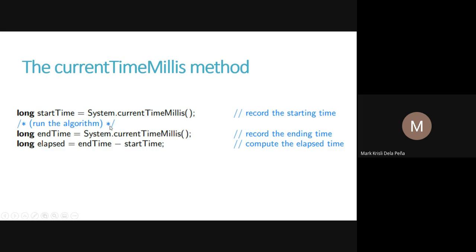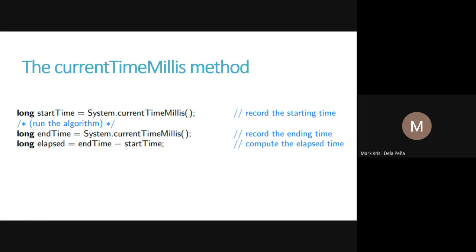Now, System.currentTimeMillis returns a value in milliseconds, calculated from January 1, 1970. That is the benchmark time known as the epoch.